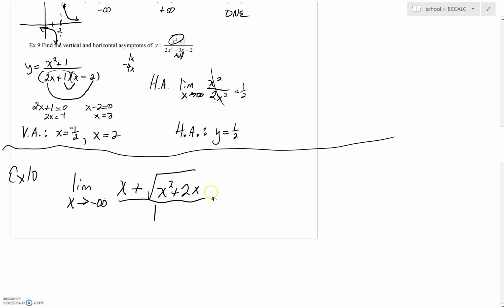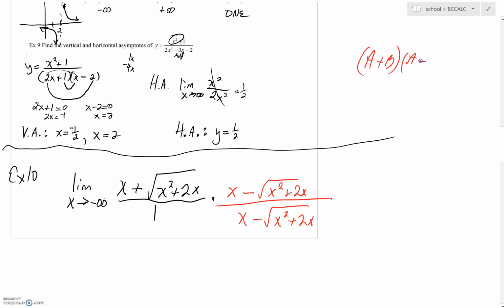And what you see with these square roots is it's very typical at this point to multiply through by the conjugate. Conjugates, by the way, you had a plus b times a minus b. The whole reason for doing that is to get a squared minus b squared.